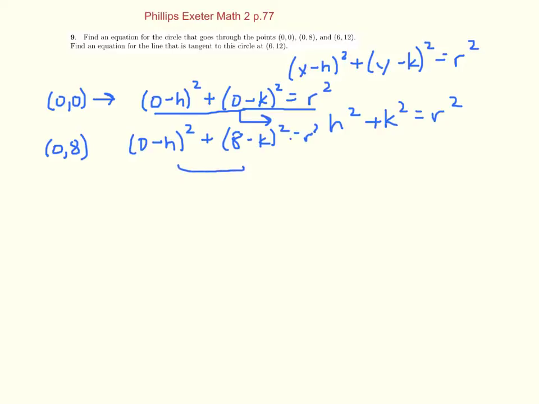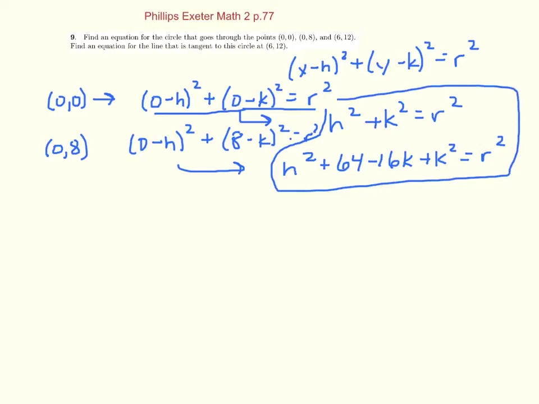And that will simplify to h squared plus 64 minus 16k plus k squared equals r squared. So now I have these two equations right away. I can do another equation with the last point, but I'm going to hold off on that for a second.